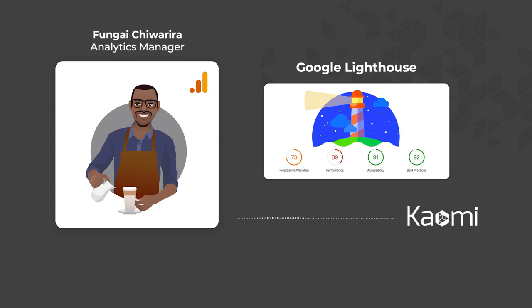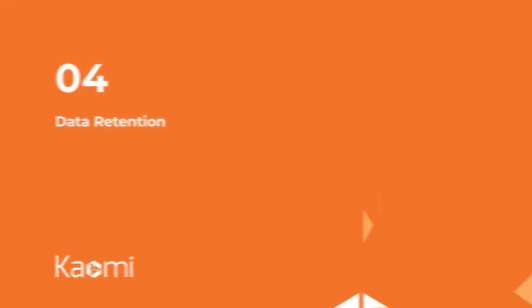Lighthouse is more like a plug-in that you can use to monitor your site's performance metrics, essentially your site speed and the overall health of your site as well. Because we've lost site speed from the reporting interface, Lighthouse becomes an essential tool in your arsenal.